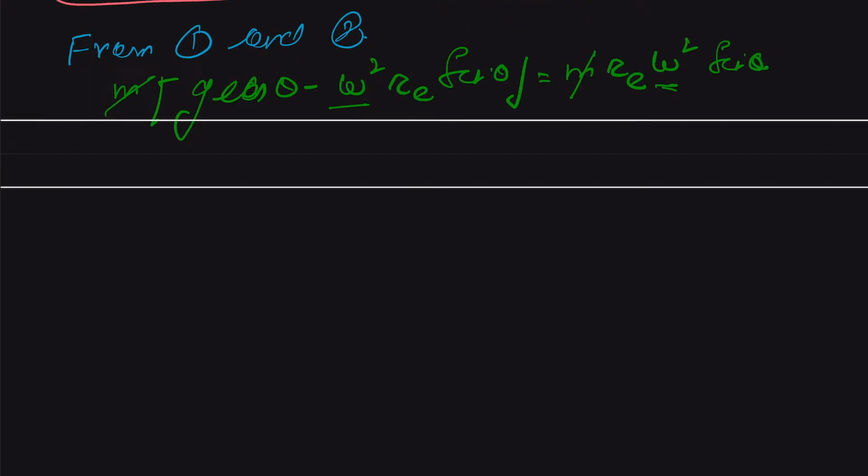So we get this as g cos of theta will be equal to, okay, we can add them, so this will be coming as 2 omega square Re sine of theta.